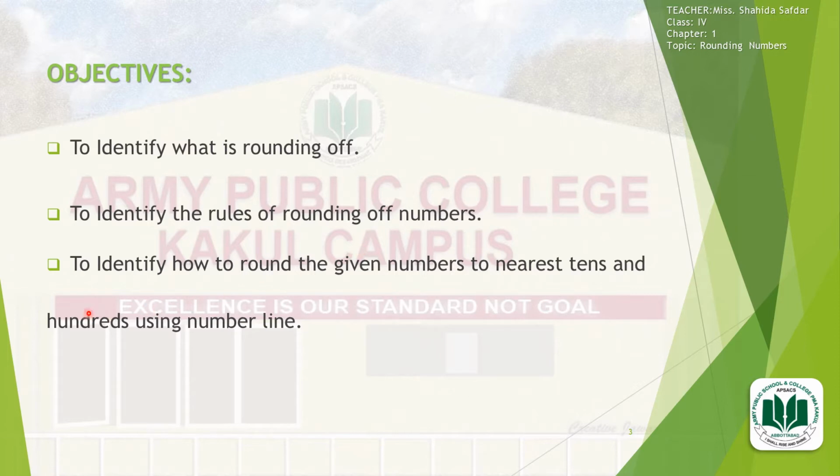The third objective is to identify how to round the given numbers to the nearest tens and hundreds using a number line. That is, what is the use of a number line in rounding numbers, or how we can use a number line in rounding off numbers.